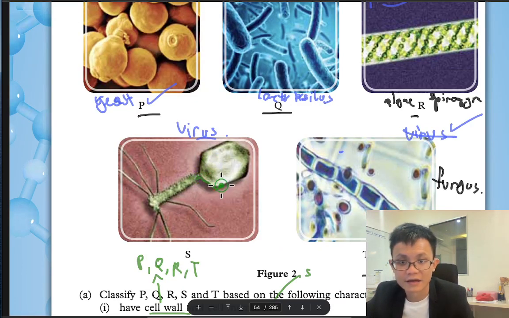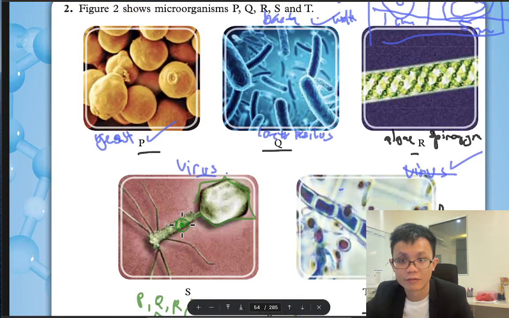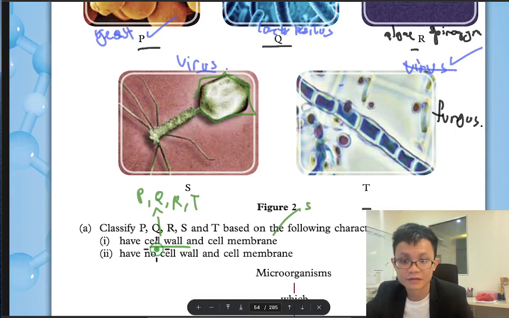Looks like the membrane of the cell, but others will be like a cell wall because it's like a plant. Have cell wall and cell membrane, it will be P, Q, R, and T.